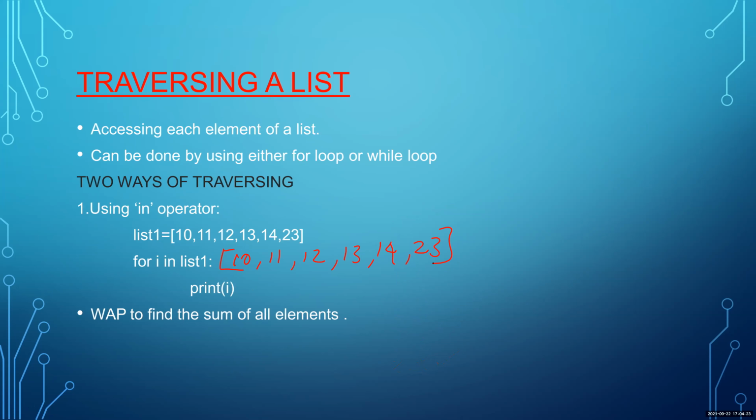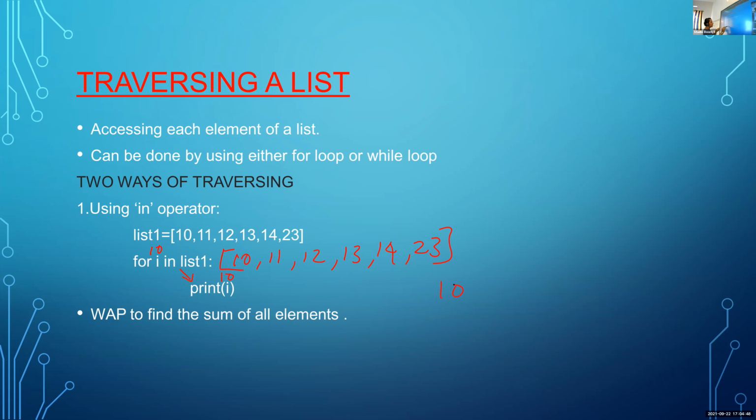So for I in list1 means the first value, that is 10, is assigned to I. First time the first value is assigned to I. Then it will execute this print I statement. Print I means what is the value of I? It is 10. So 10 is printed.